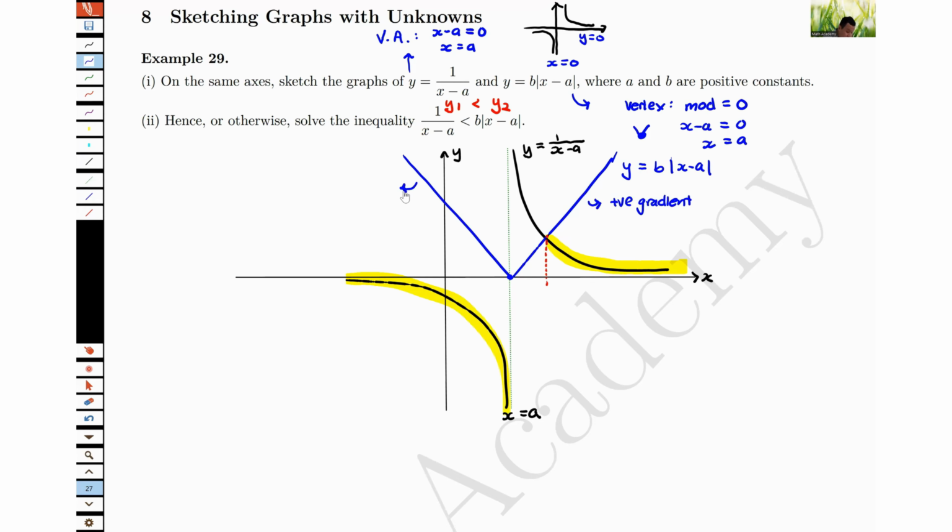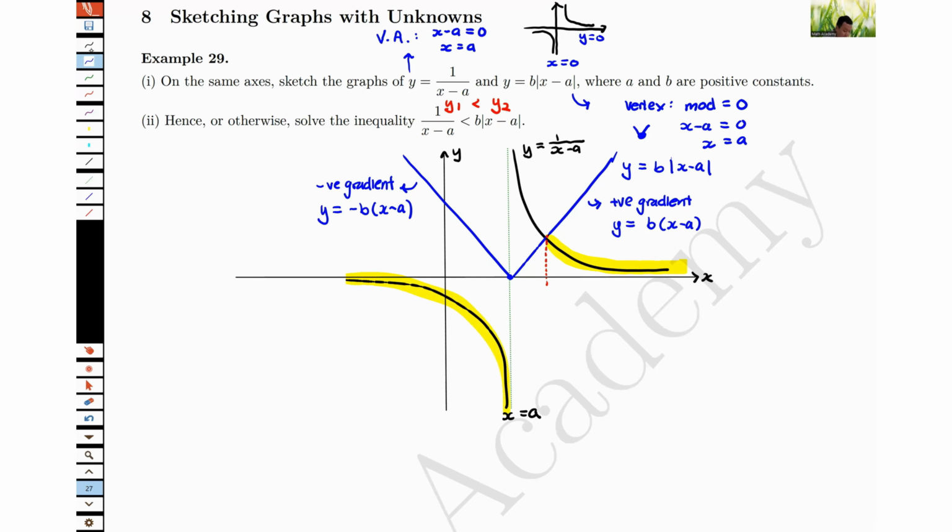The left-hand side of the graph has a negative gradient. We are trying to open up the modulus. If I remove the modulus and it has a positive gradient, the equation will be b times x minus a. I need the m value in mx plus c to be a positive number, and b is positive. On the other hand, the graph on the left side would be negative b times x minus a. It has a negative gradient, it's coming down.